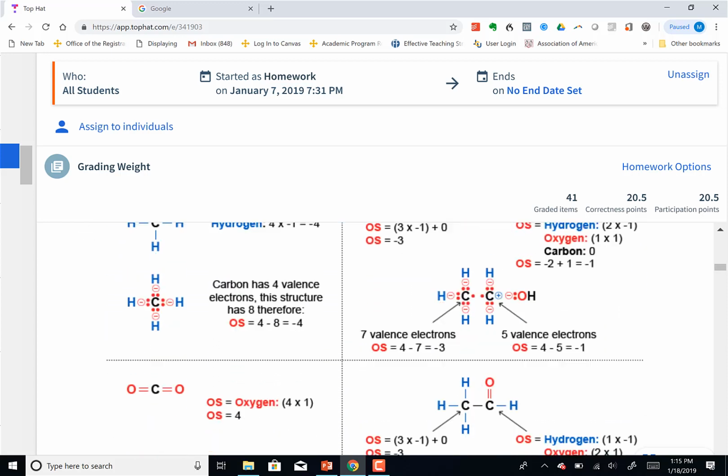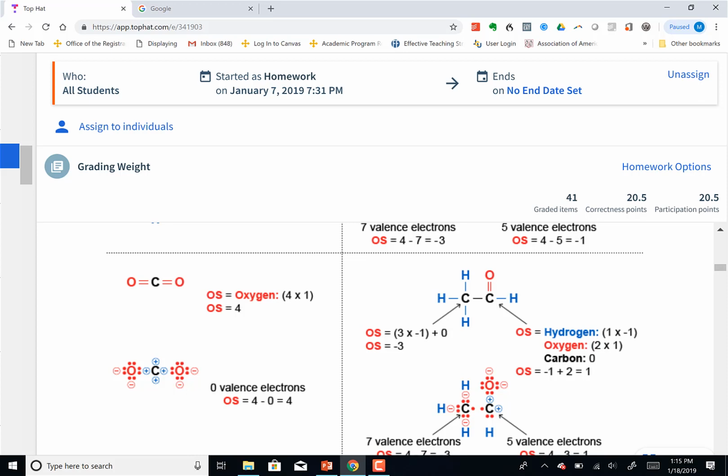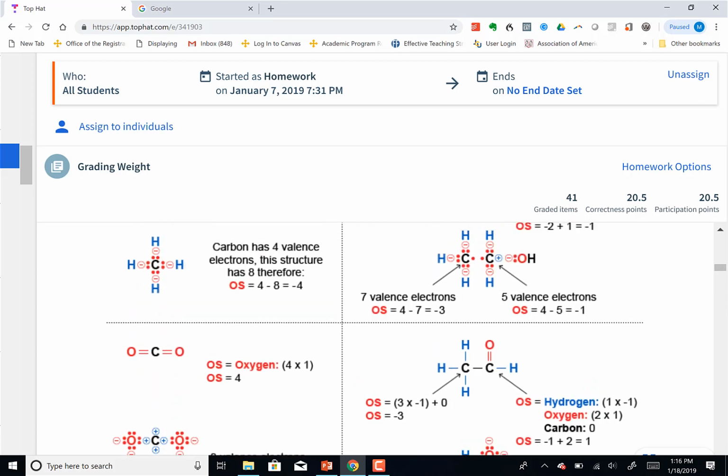Let's see. Oh, here's a good example. So carbon in carbon dioxide, if it's going to be +1 here and +1 here, it should be +2. What are they doing with all these?